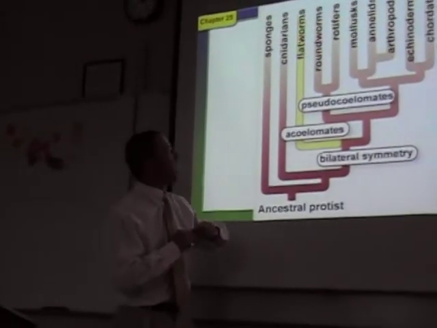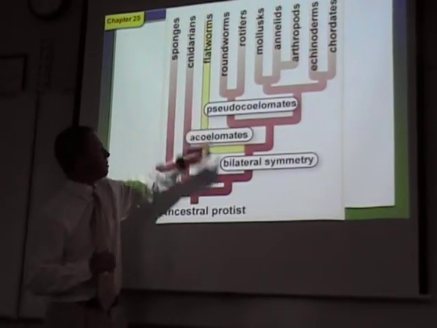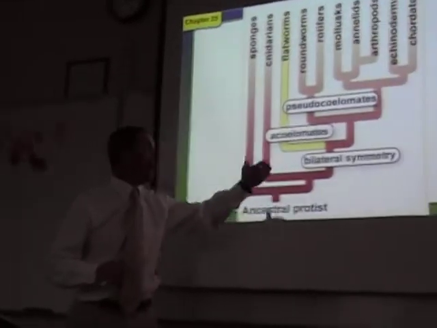And so all of these flatworms are acoelomates. They don't have a body cavity. They are bilaterally symmetric, which means if you cut them in half, you can only get equal halves if you cut them right down the middle.